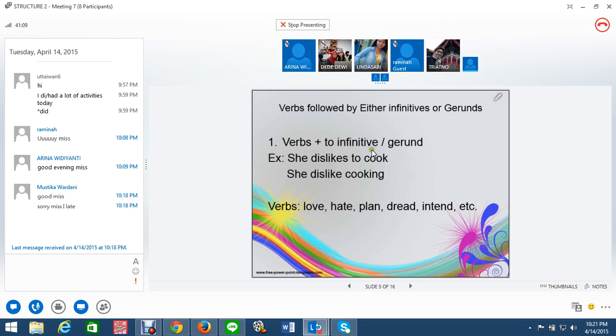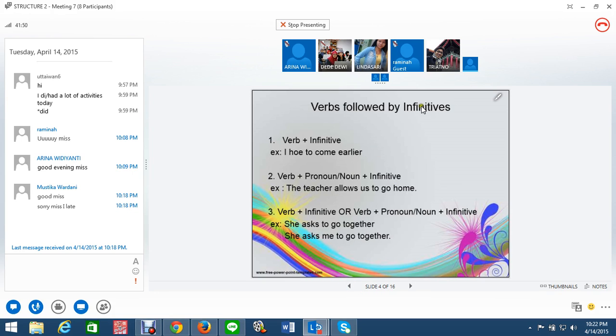So to infinitive: to cook. Jadi infinitive itu there are two kinds of infinitive, to infinitive and bare infinitive. Kalau bare infinitive itu without to. But gerund is a verb that functions as a noun, atau kata kerja berbentuk ing yang berfungsi sebagai noun. An ing verb form that functions as a noun. Okay, so this is gerund. So this is infinitive.